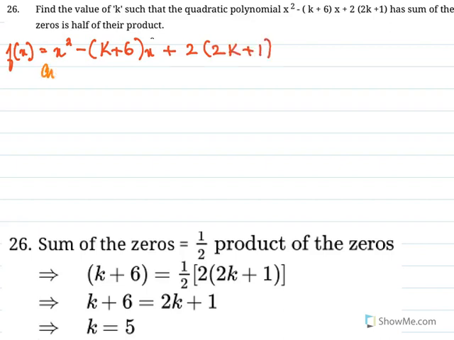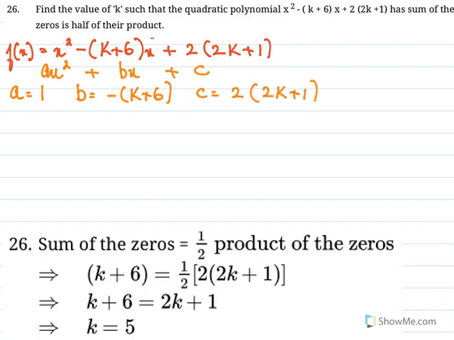Now when we compare it with the standard ax square plus bx plus c, we see that a equal to 1, b equal to minus (k plus 6) and c equal to 2(2k plus 1). Now the condition given to us is that the sum of the zeros is half the product of the zeros.